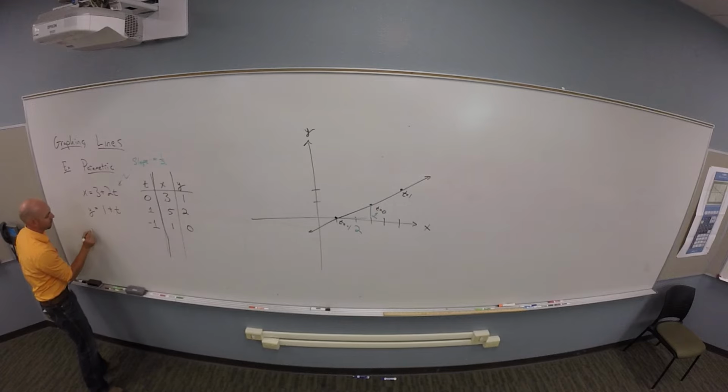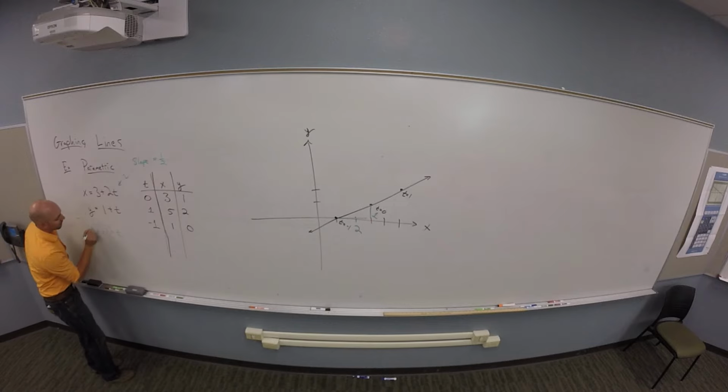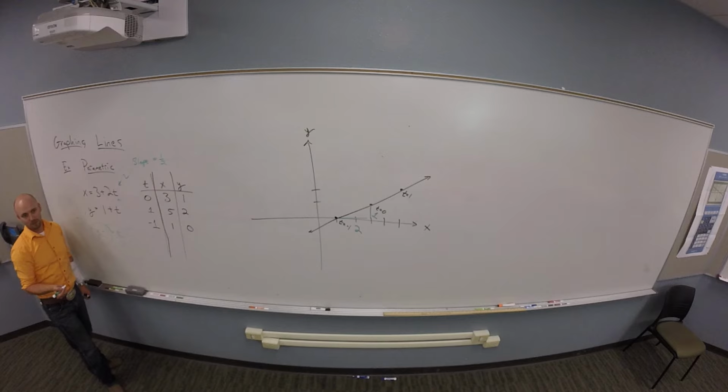We could rearrange this guy as y minus 1 is t. Okay, it was subtract 1 from both sides. And then take this stuff, plug it in up there for t. You guys see that? Then there aren't going to be any more t's, right?